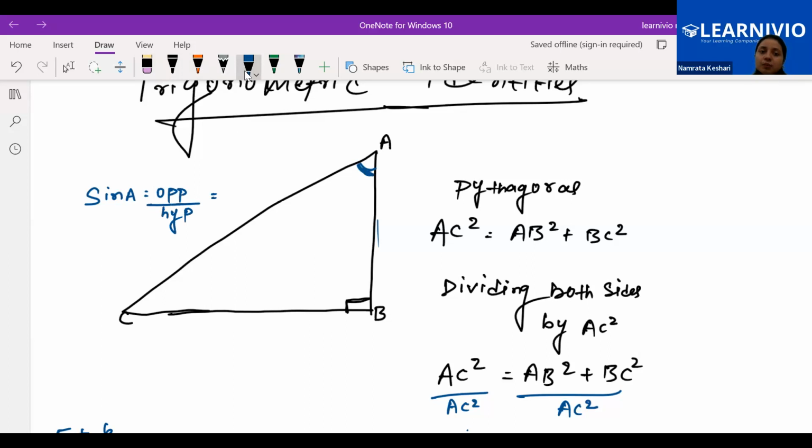What is the opposite side? Exercise 1 concept. The opposite side is BC, so BC over AC. And what about cos A?